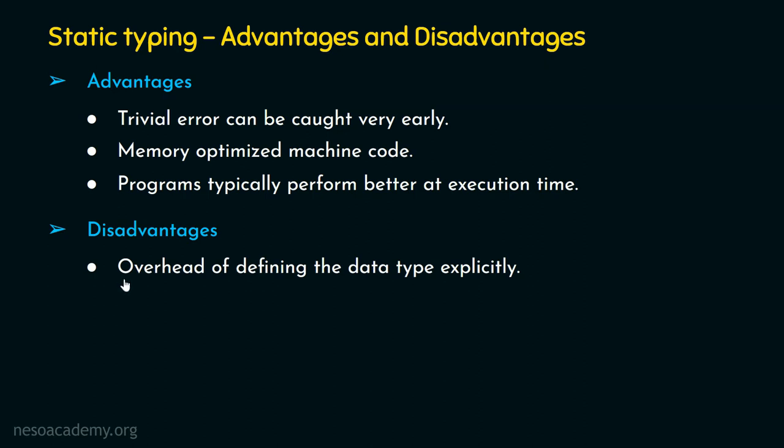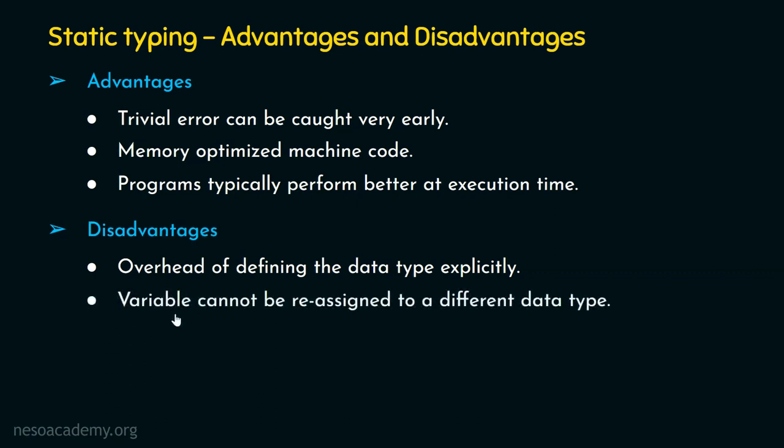Well, for the first one, the overhead of defining the data type explicitly is a major disadvantage of static typing. Since one needs to know the data type that is going to be used in the code, they have the responsibility to explicitly define the data type while writing the code. Moving on to the next disadvantage, a variable cannot be reassigned to a different data type.